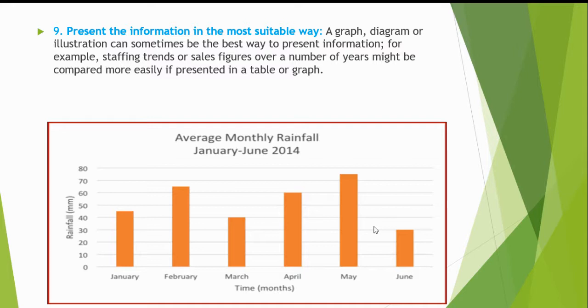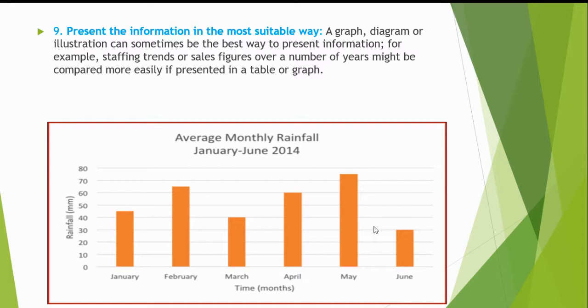If you write these things descriptively, in January it is near about 50 millimeter, in February, so it will be so boring. There will be repetition and other things, so it will be so boring to a reader.